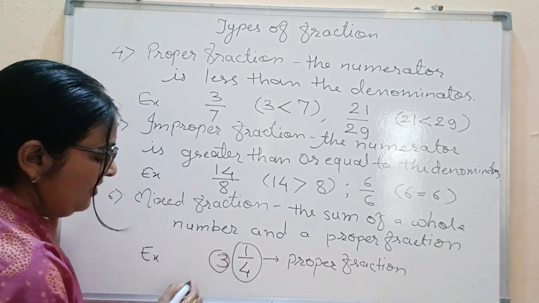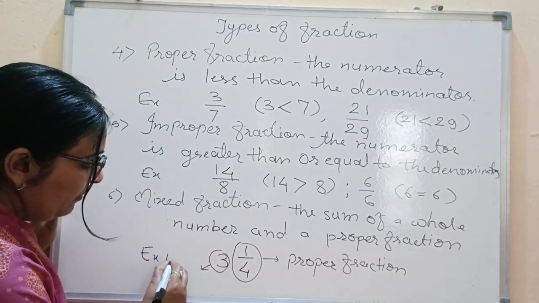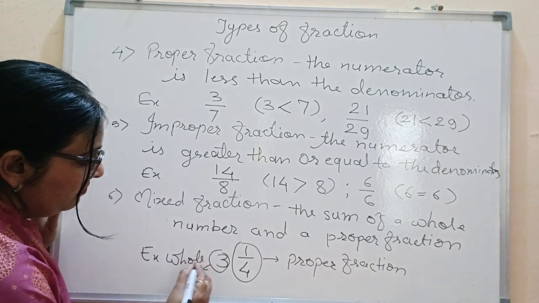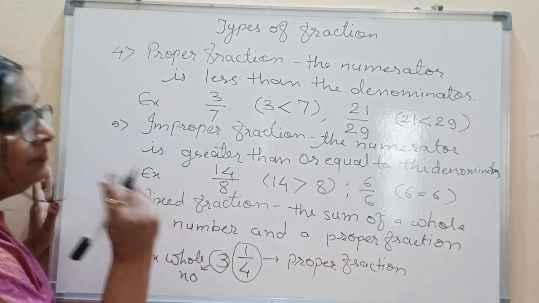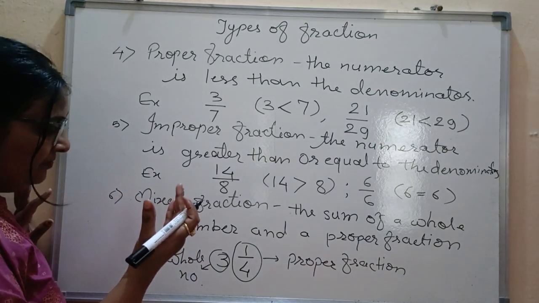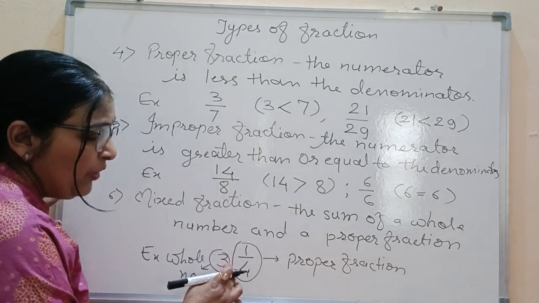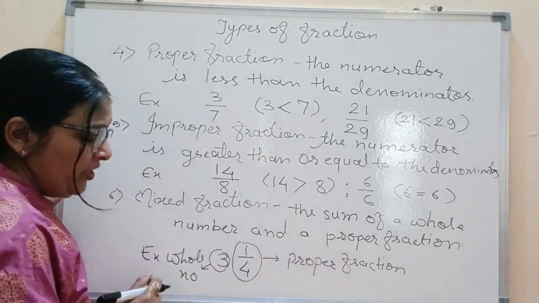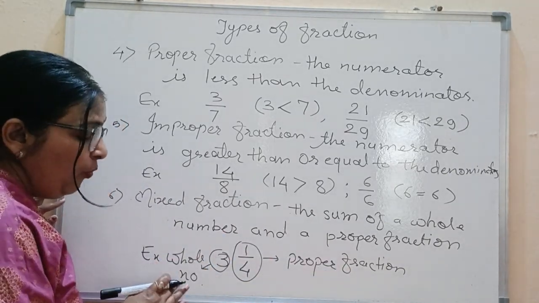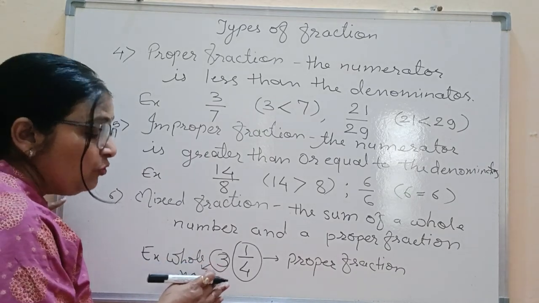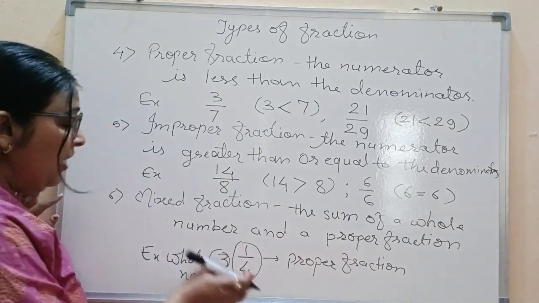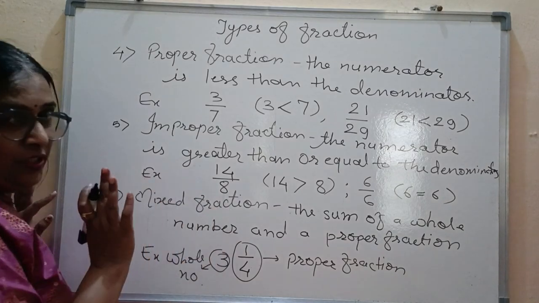Here 1 by 4 is a proper fraction and 3 is a whole number. Therefore, 3 1 by 4 is a mixed fraction.